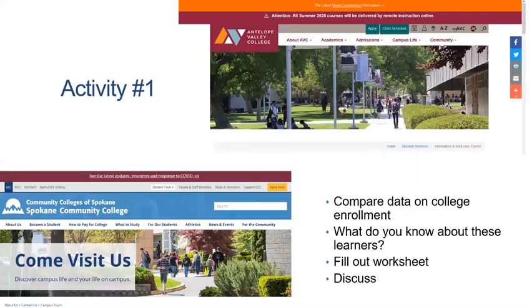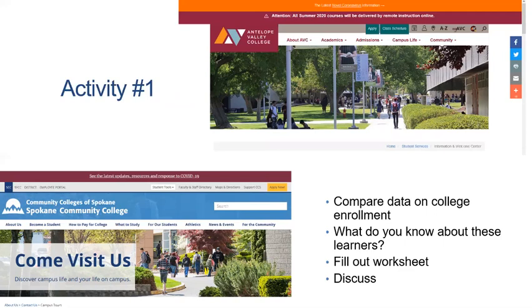Okay, so we're up to activity number 1. Flip through your handout packet and you'll come to 2 pages on the Community Colleges of Spokane, Quarterly Demographics, Fast Facts, Annual Overview and Quarterly Demographics for Spokane Community College.